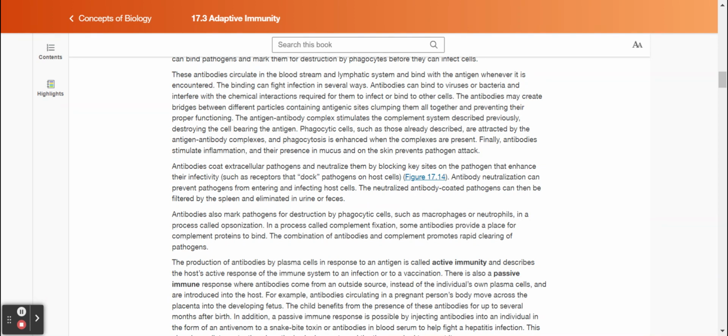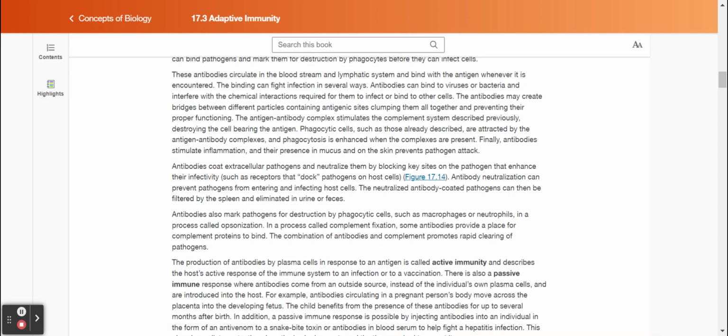Antibodies can bind to viruses or bacteria and interfere with the chemical interactions required for them to infect or bind to other cells. The antibodies may create bridges between different particles containing antigenic sites, clumping them all together and preventing their proper functioning.